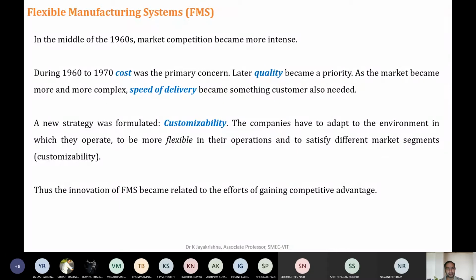So what is this flexible manufacturing system and why is it important even now? What is the importance of flexible manufacturing system? Those are all the things we will be discussing in today's class.